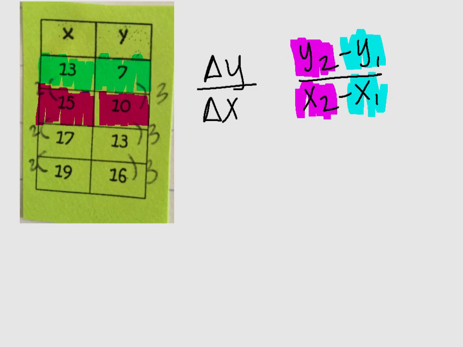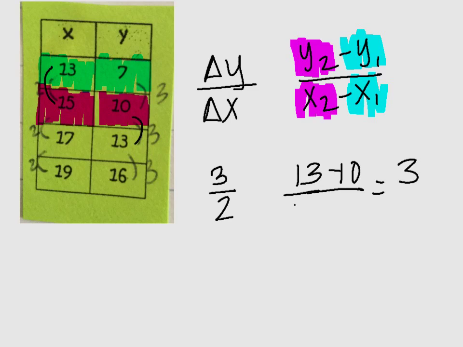Okay, so now what we're going to do is check change in y, change in x on each one. So first, 10 minus 7 is 3. And then 15 minus 13 is 2. Okay, so then I'm going to check the next one. 13 minus 10 is 3. 17 minus 15 is 2.